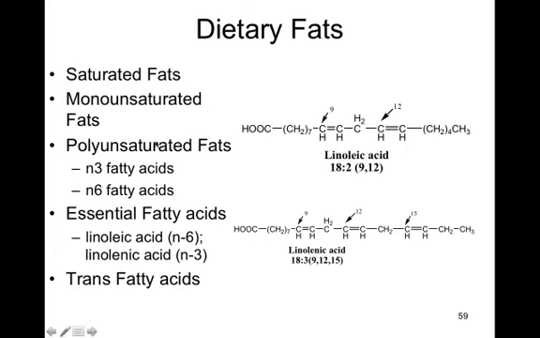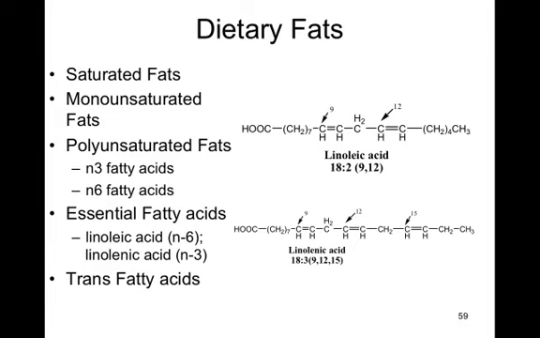Next, polyunsaturated fats. Fatty acids with more than one double bond are referred to as polyunsaturated fats. The effect of polyunsaturated fatty acids, or abbreviated as PUFA, on cardiovascular disease is influenced by the location of the double bonds within the molecule. And we'll talk more about that.